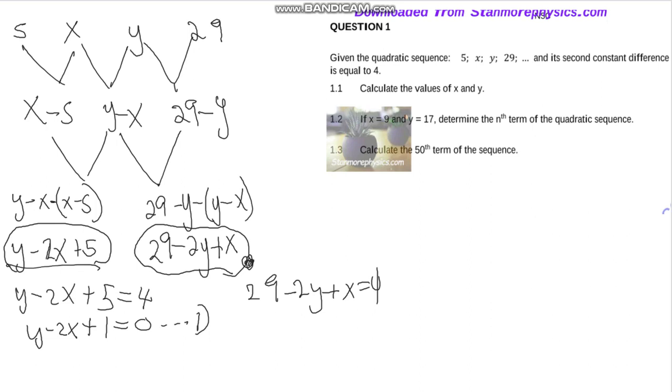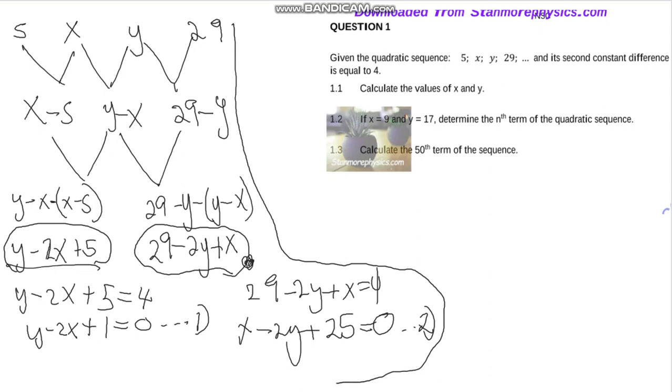So this just means you'll have x minus 2y, and then 29 minus 4, which gives plus 25, is equal to 0. This will be equation 2.